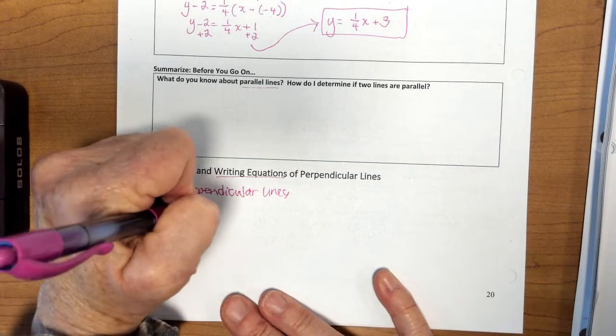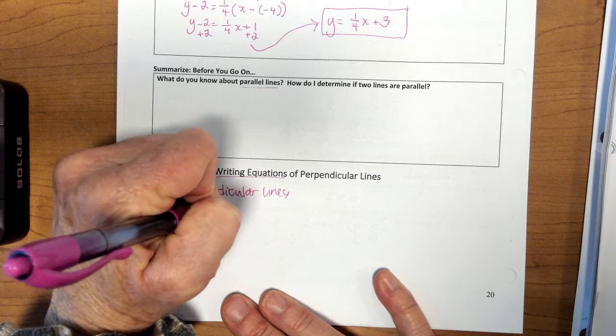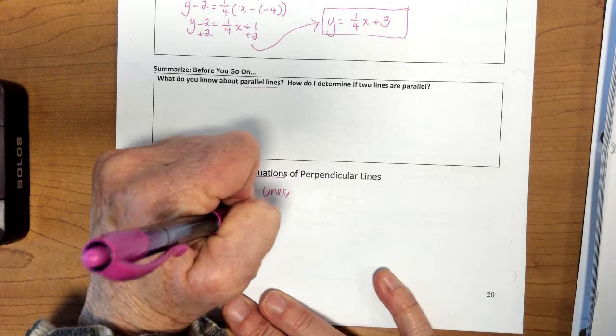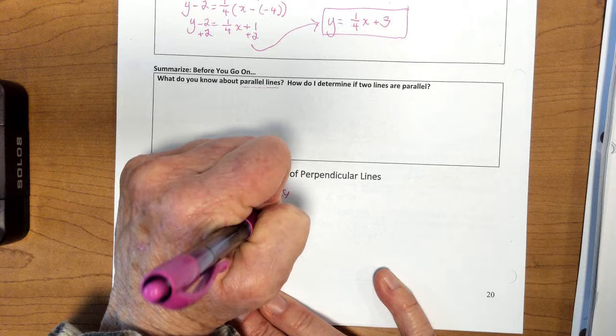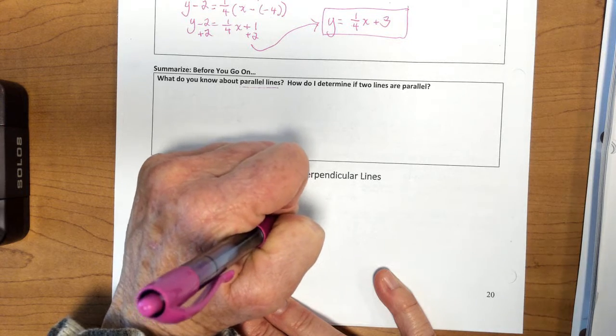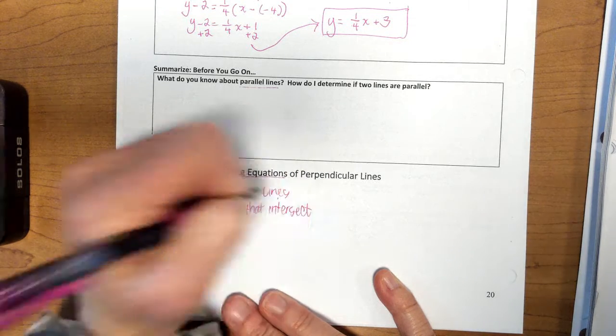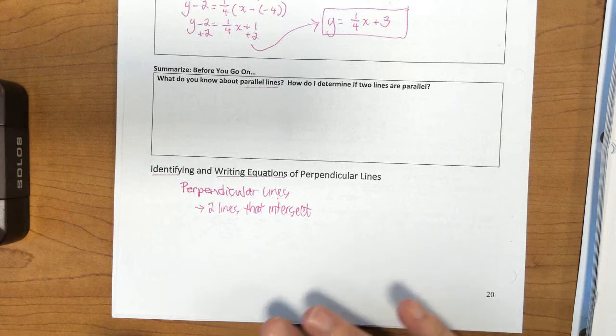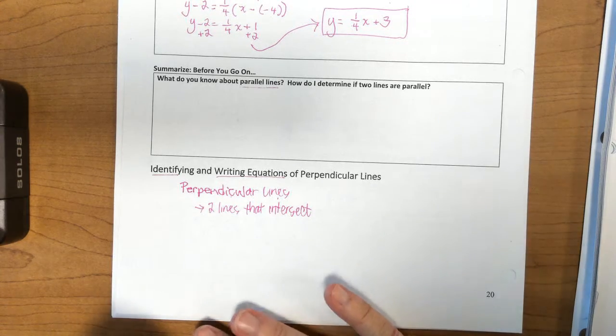Perpendicular lines are two lines that intersect. And if you were here in class the other day, we did these same notes. This is just a review. So two lines that intersect.